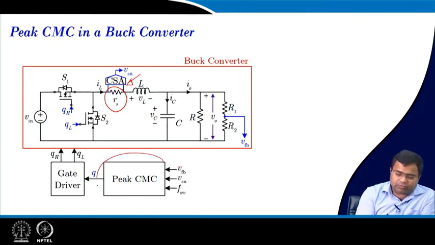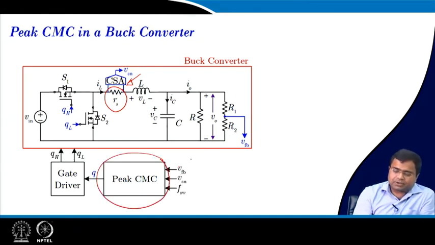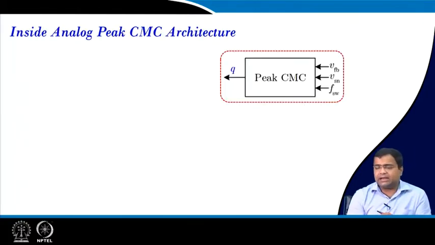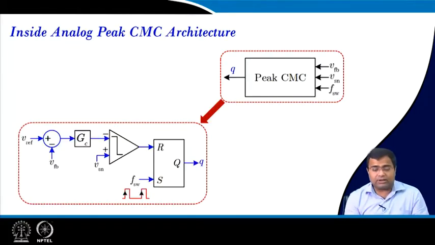So, this is a peak current mode control architecture, and the feedback voltage is tapped across the resistive divider. We are also using a fixed frequency external clock, and the inductor current is sensed.